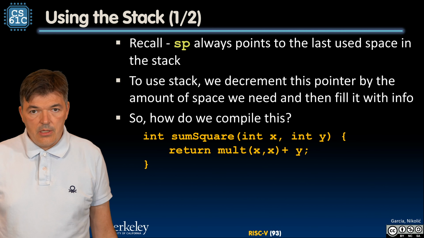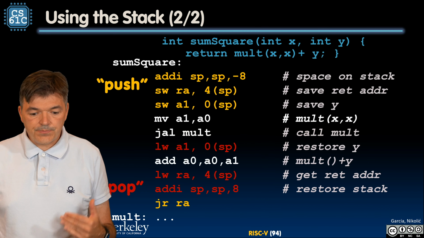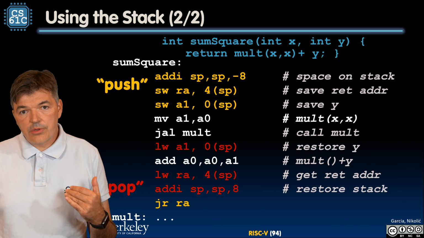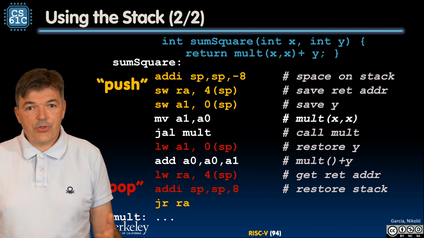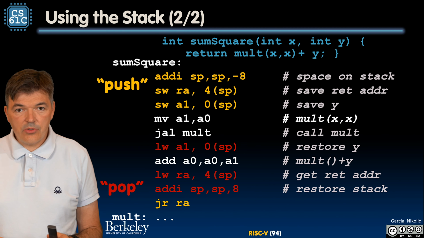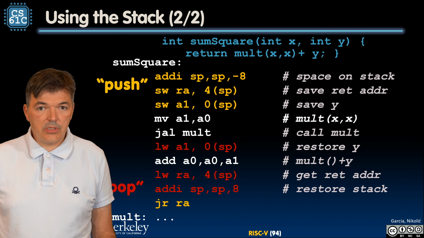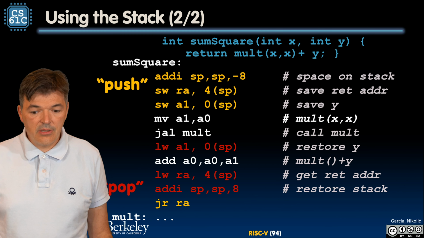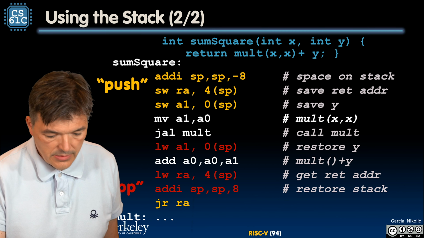So it's a nested function call. Let's take a look at what we need to put on the stack when we make this call. What is going to be really helpful is to understand what is where and what is going to get overwritten, what is going to be clobbered.